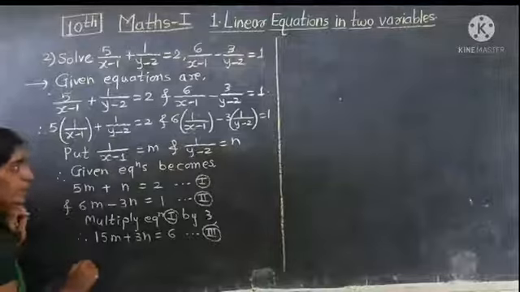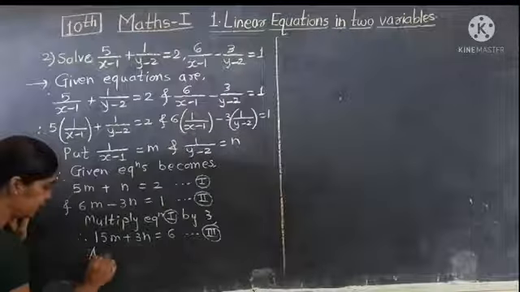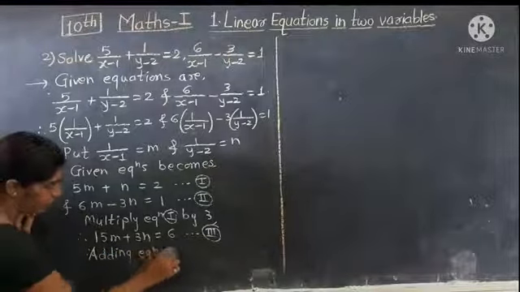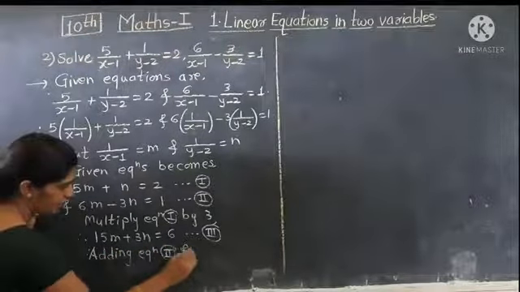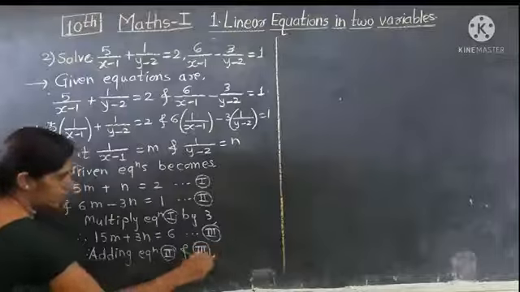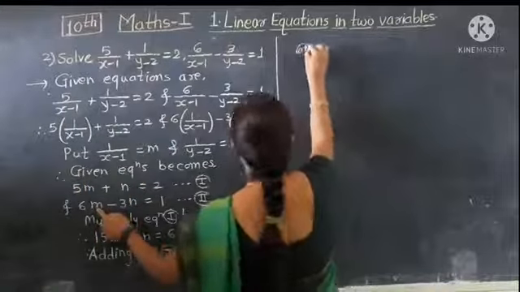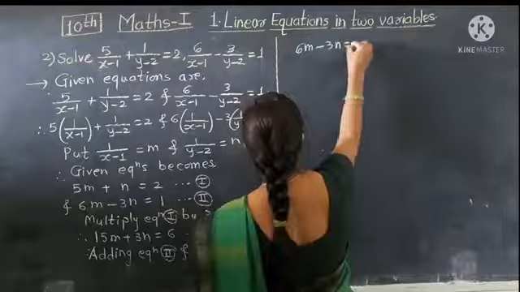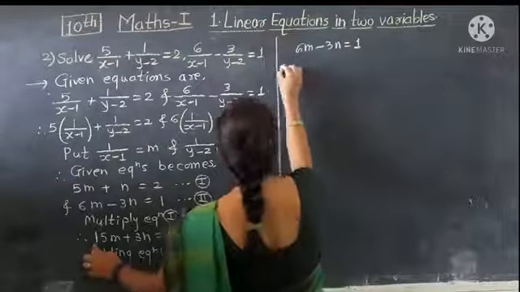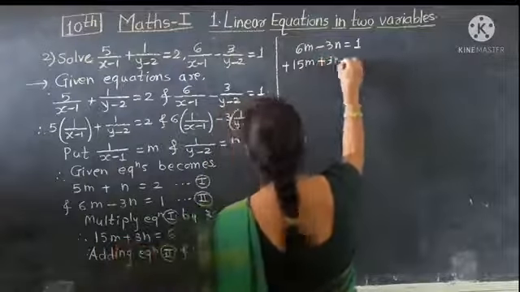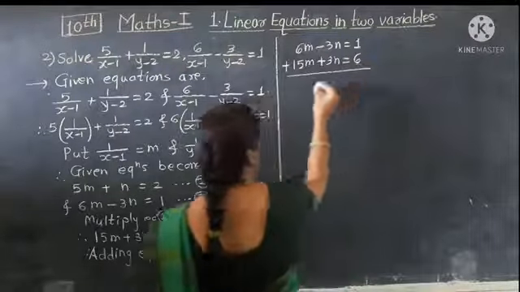Therefore we add equations 2 and 3. So write first the second equation: 6m minus 3n is equal to 1, plus 15m plus 3n is equal to 6.